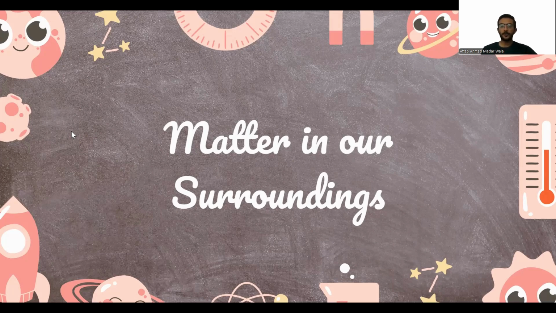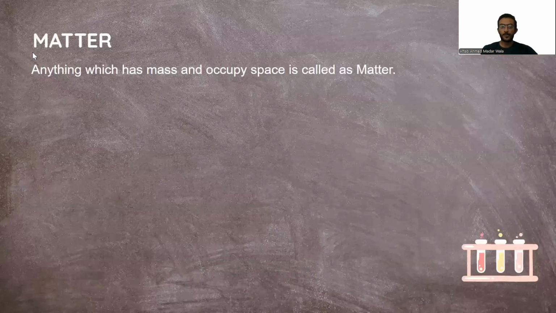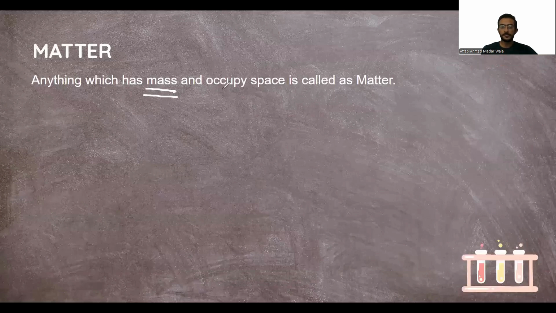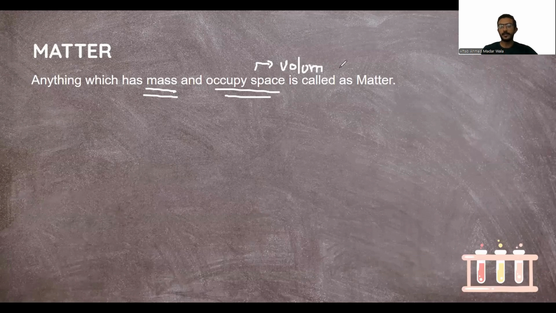And what is common in all of these things? Well, if we pay a little attention, we will get to know that all of these things have some amount of mass and they occupy some amount of space. That means they have a certain amount of volume in them.